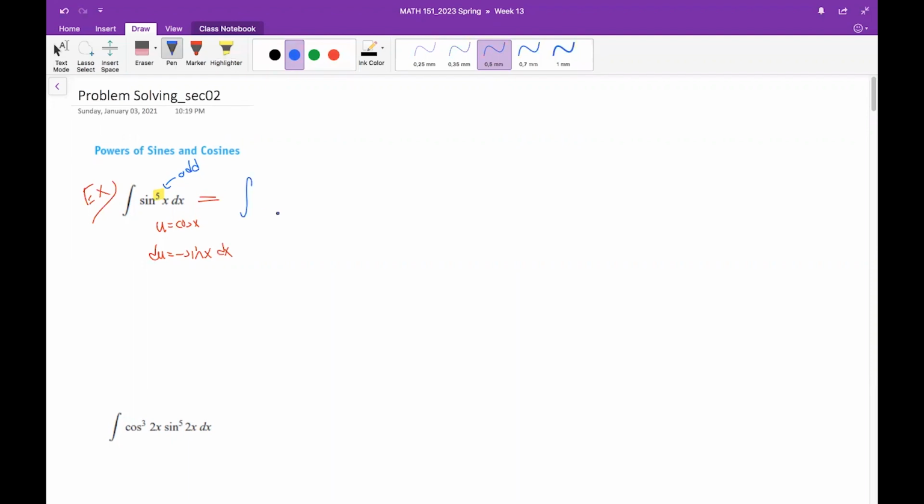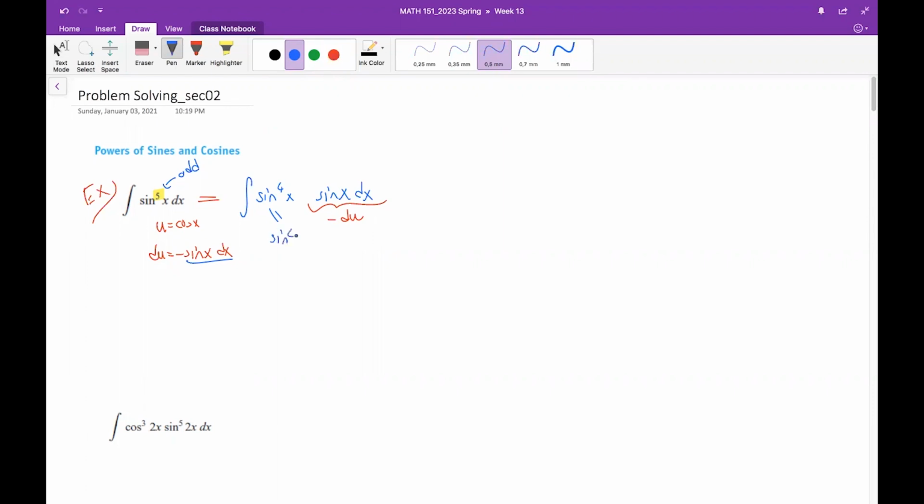Then you can rewrite the integral. You see, we have sine x dx inside du, so I will separate one of the sine functions to serve as du, like that, okay? So this part now is what? It is minus du, right? And this part, now I need to rewrite in terms of cosine. Is there a way to transform sine to the power 4 x into some expression including just cosine?